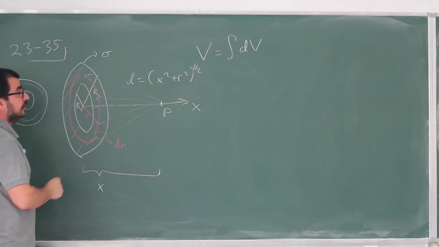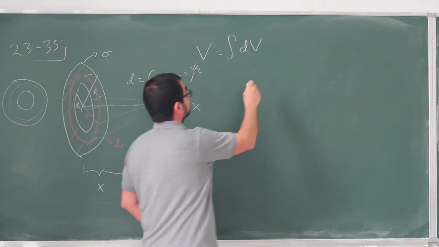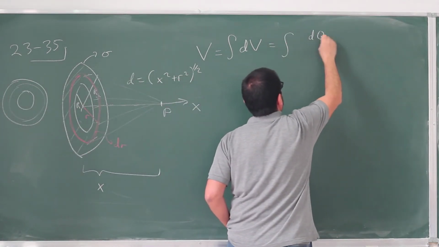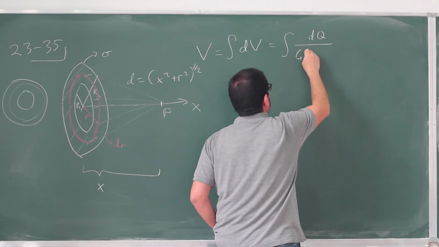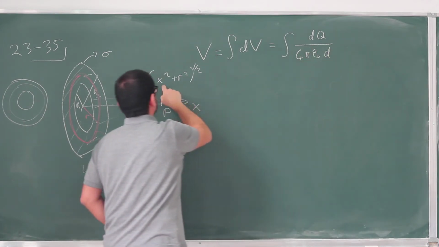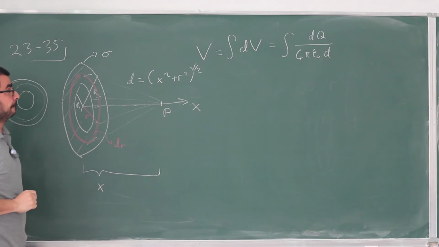And dV, consequently, is going to be some dq divided by 4 pi epsilon naught d, where d is given by this expression. We are looking at potential, so it's not d squared, but just d. Now what about dq?